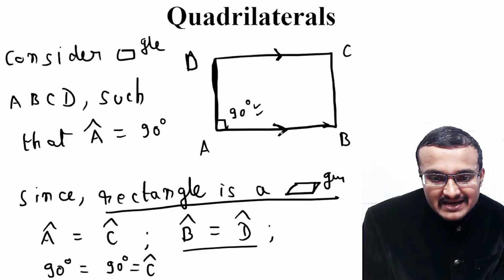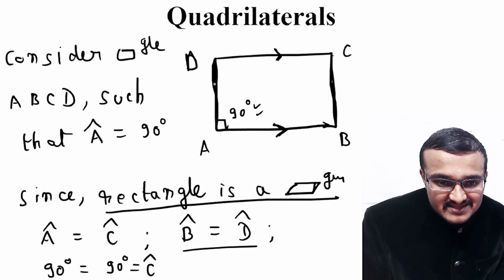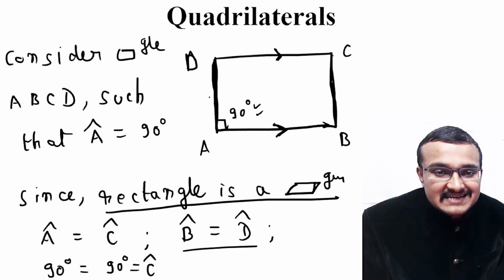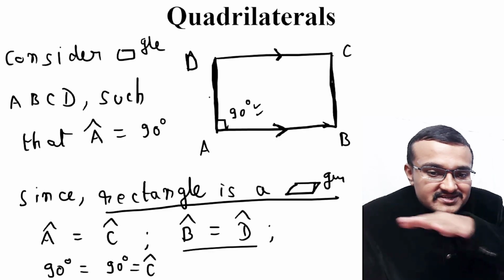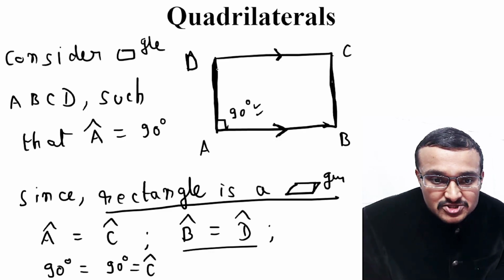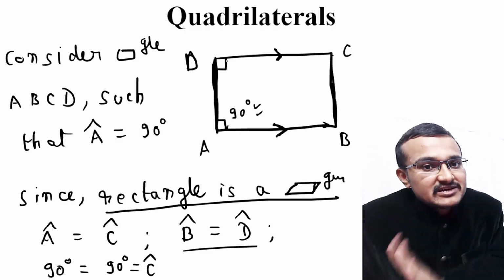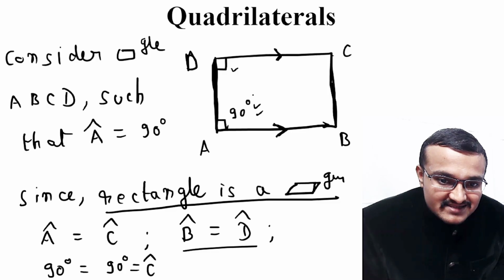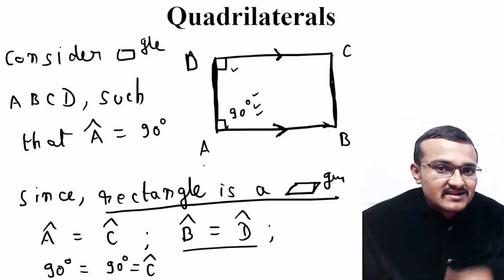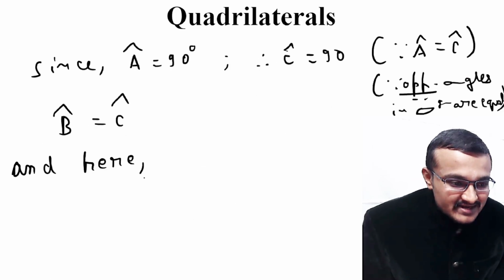That means DC will be parallel to AB. If you consider this particular line AD, this acts as the transversal for the parallel lines DC and AB. So the sum of the angles on the same side of the transversal will be equal to 180 degrees. That means if you add this particular angle and this particular angle, that will be equal to 180 degree.